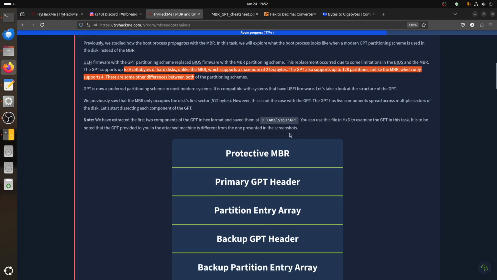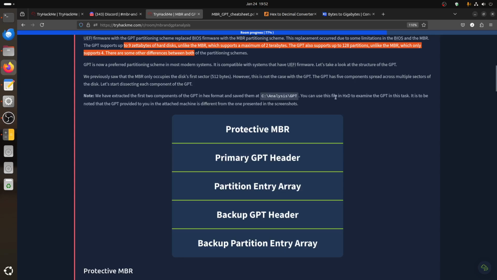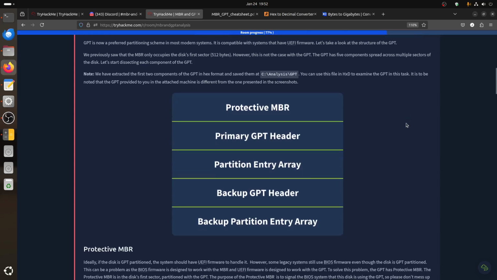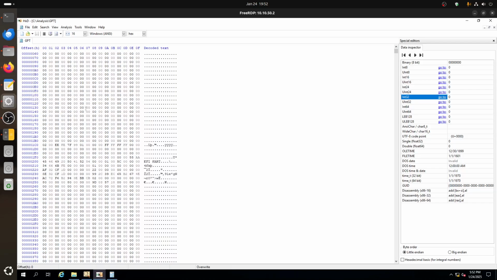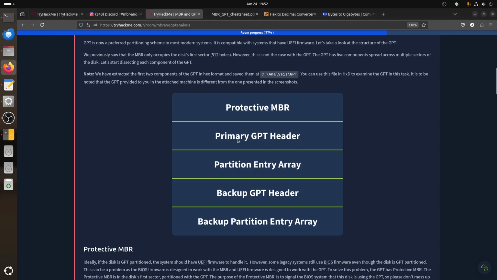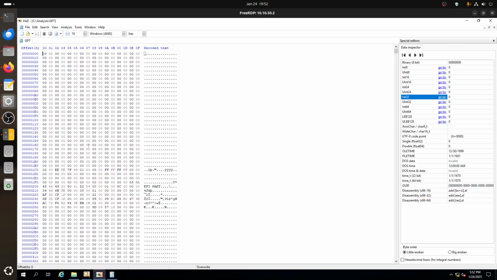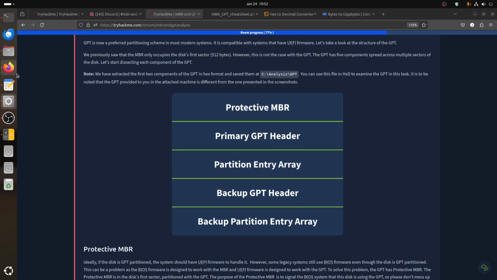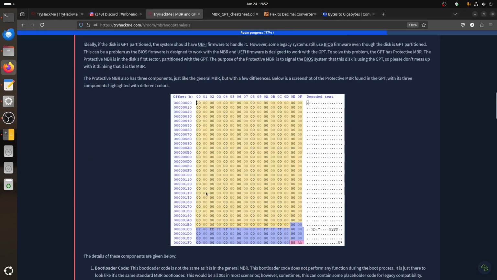So the GPT is basically new. If you open it, we have the protective MBR. I think that's the zeros that we see there. Then the header. I assume this is the header. Let's follow the first zeros.